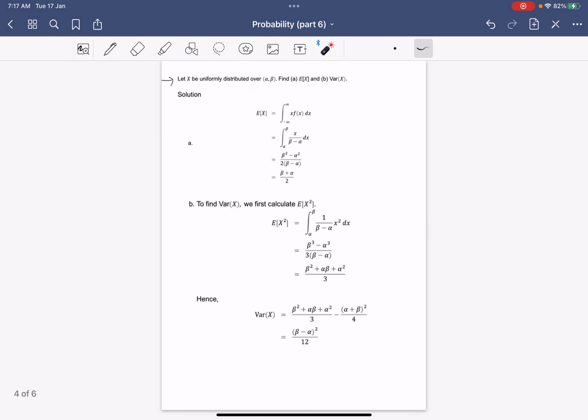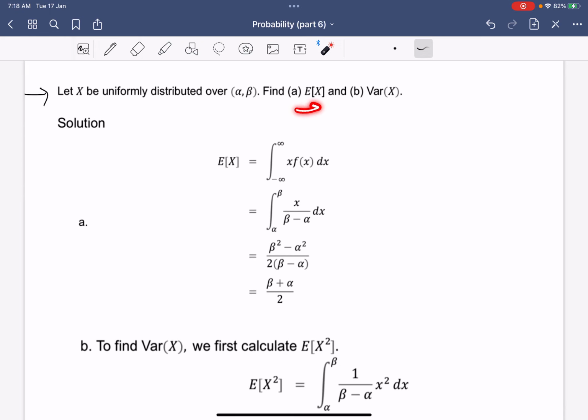And we can see from this example how we want to integrate it to find the expectation. Basically we integrate from minus infinity to infinity and then restrict it to alpha and beta, because that's where the values are defined. And it's really x over beta minus alpha.